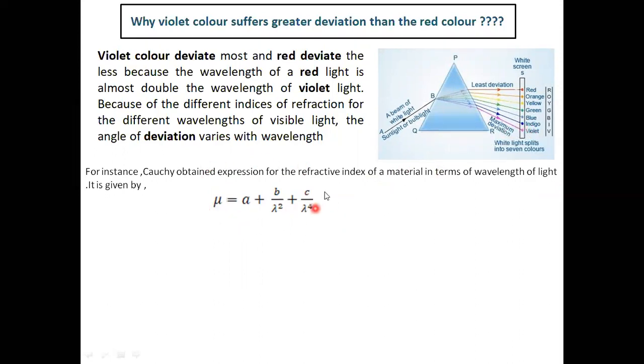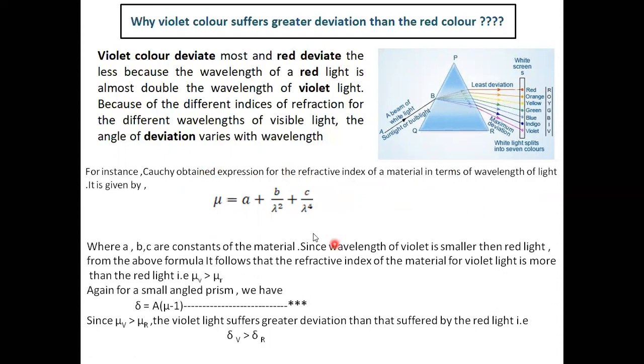We can see this clearly from this relation. And since the wavelength of red is more, the refractive index for red is very small. So since the wavelength of violet is smaller than that of red, the refractive index of the material for violet is more than that for red. So we have seen this relation.